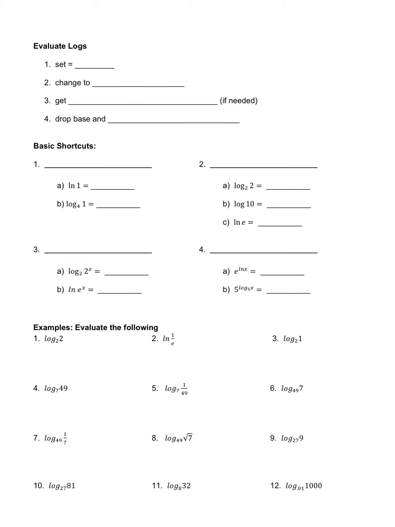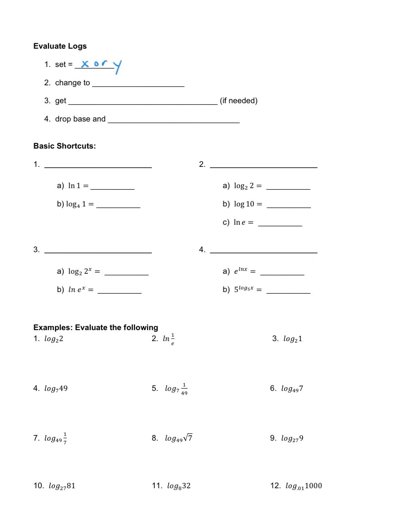Okay, so here is the last page of our notes for 5.1. So what we're going to do is evaluate logs. And there are some shortcuts or basic properties of logs that you need to know. So we're going to write those out. So the first thing you want to do is set it equal to x or y. Some of y'all prefer one or the other, okay?